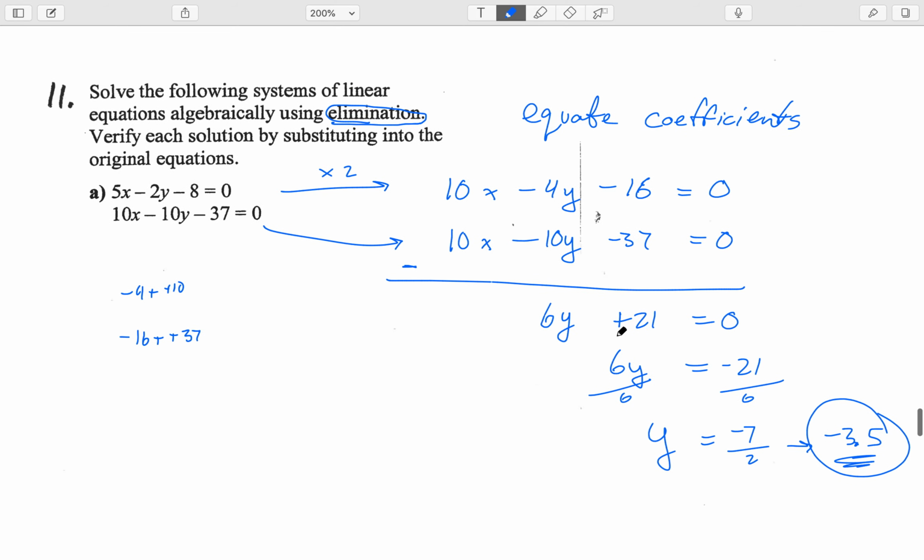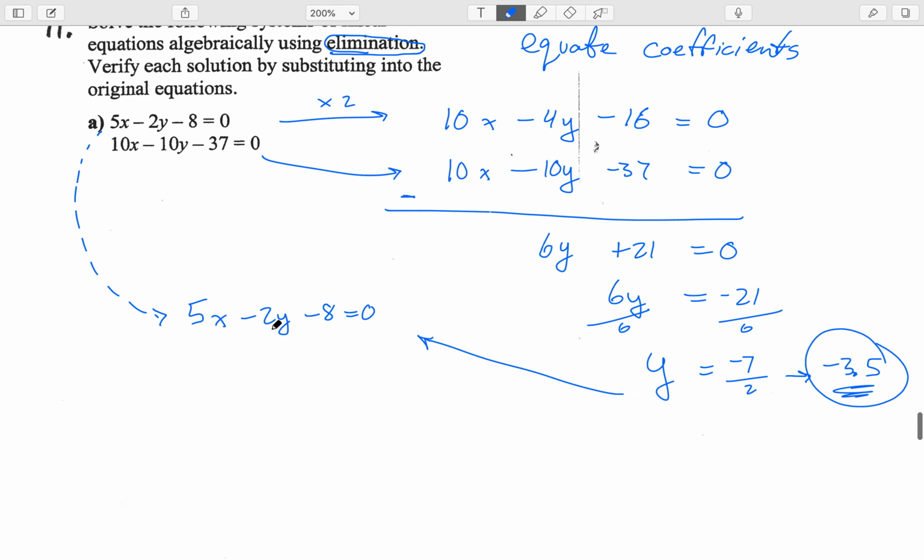So once I get one answer, how do I get the other one? Well, I'm going to plug it back into any equation I want. This one or this one, go to the easiest one. 5x minus 2y minus 8 is equal to 0. So now I'm going to sub it back in. Y is negative 3.5, right?